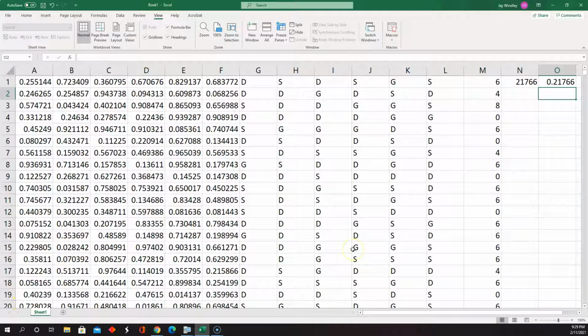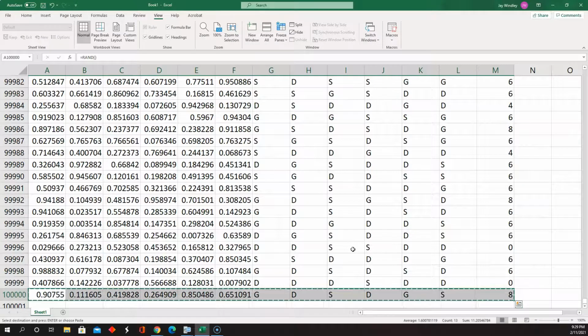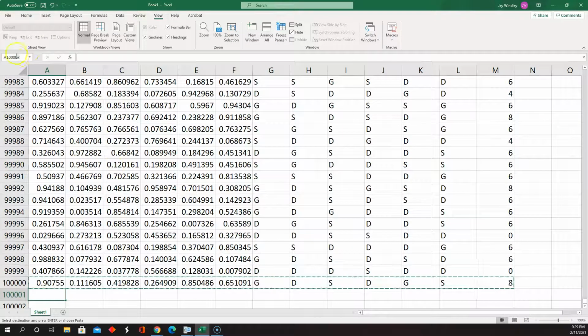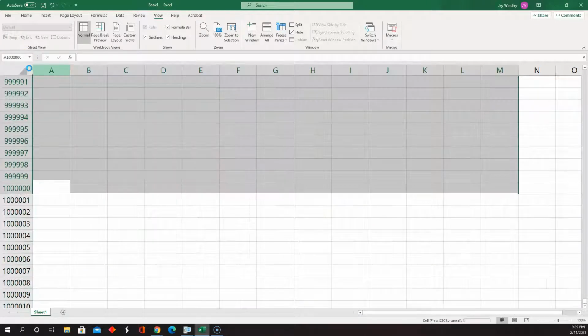I suppose I could try going to 1,000,000, but I'm not hopeful that the copy and paste will work, but I'll try it just for jollies. Copy all of that, go down to line 1,000,000, and paste. Let's see how long that takes.